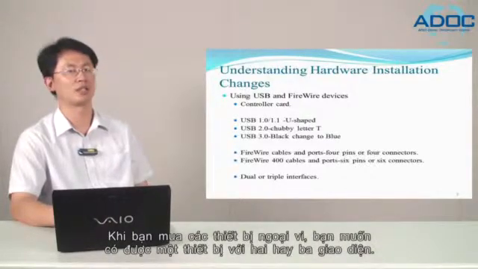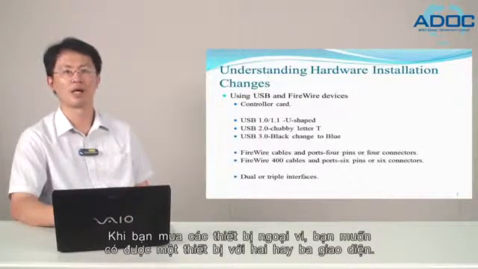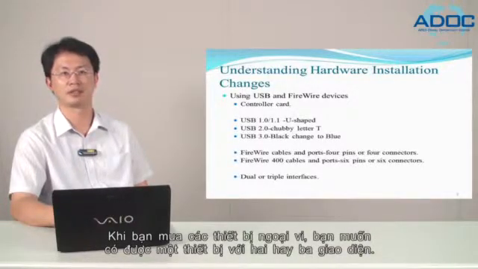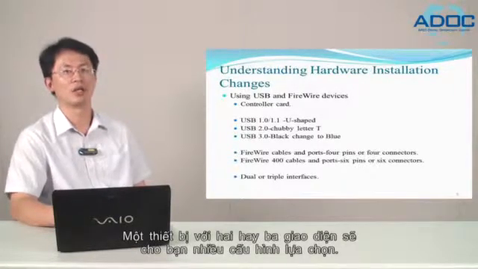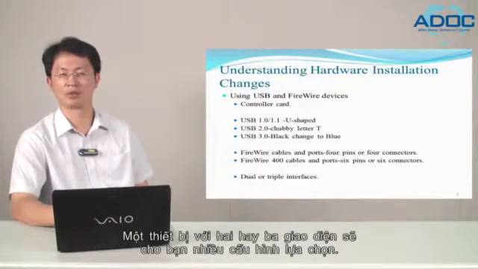When you are purchasing external devices, you might want to get a device with dual or triple interfaces. A device with dual or triple interfaces will give you more configuration options.